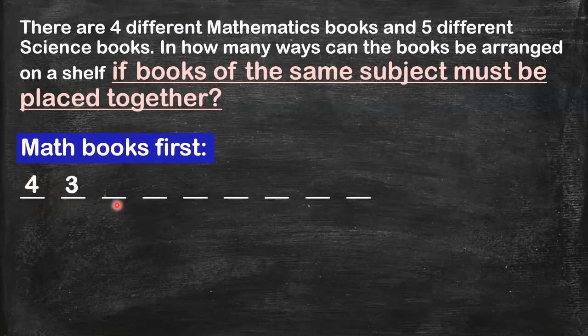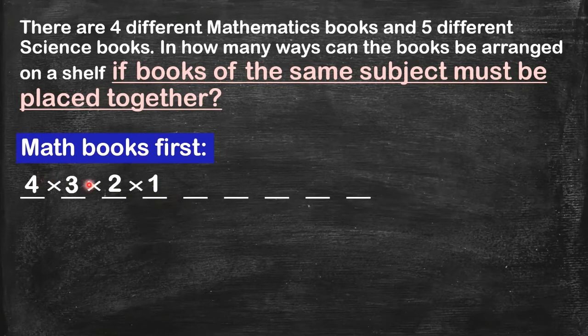Alright? What about dito? Ilan na lang yung choices natin na math book? 2 na lang. Tapos dito, of course, isang math book na lang. And then, when you get the product, ito yung number of arrangements ng mga math books. Magkakatabi sila.